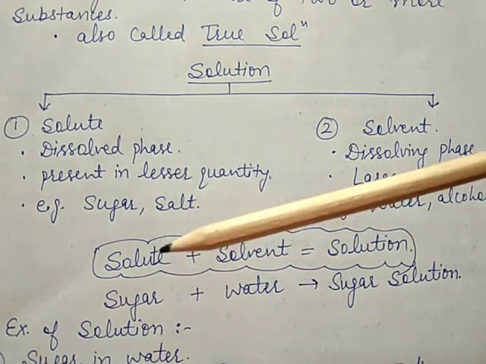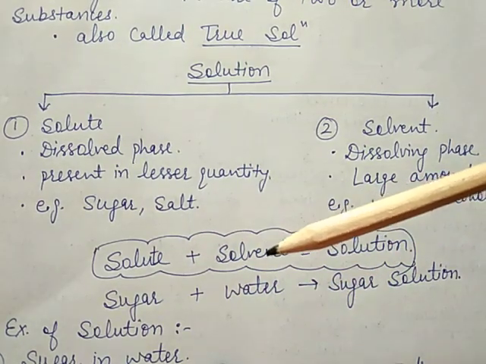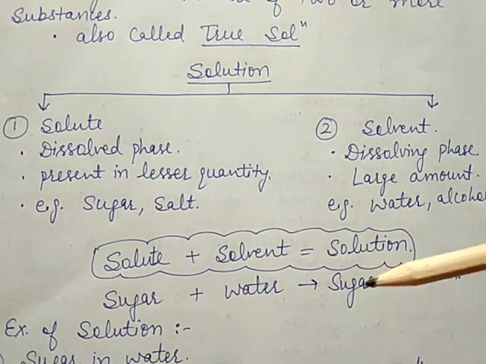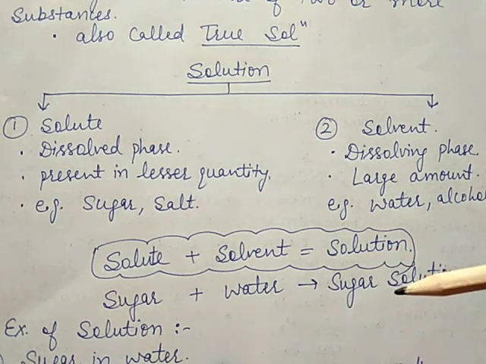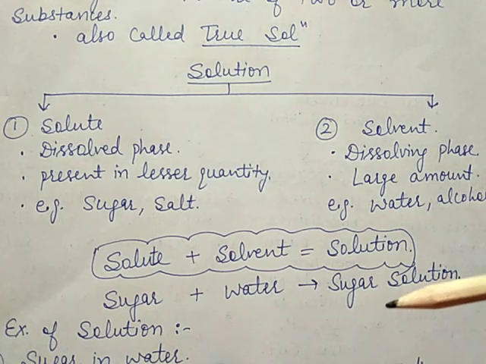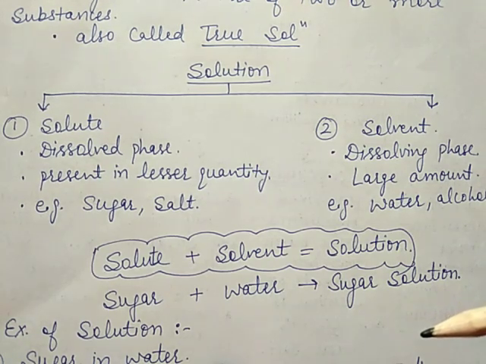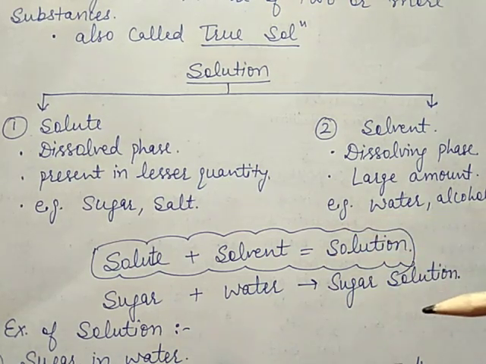Sugar is present in less amount and water is present in large amount, so it is a solvent and it will form a sugar solution. That is the true solution, and it is also homogeneous. It means no visible boundary is present and all the mixture in the solution is uniformly distributed. So these are homogeneous mixtures.